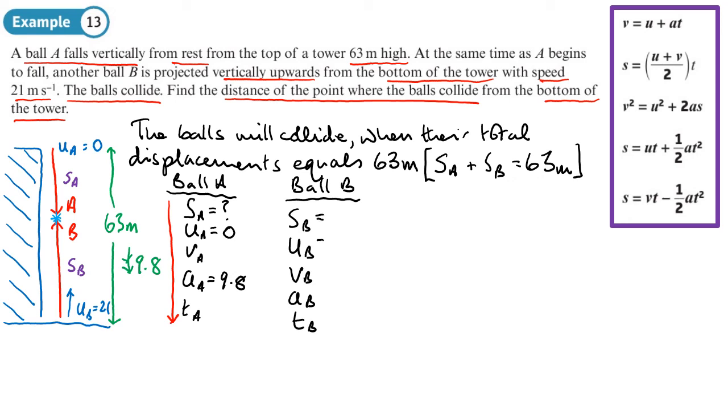And for this one, I suppose SB is what I want to write an equation for. Now this time I'm taking upwards as positive because ball B is projected upwards, makes it easier. The initial velocity is going to be 21, positive 21, because it's going that way. V we don't care about. A is going to be negative 9.8.